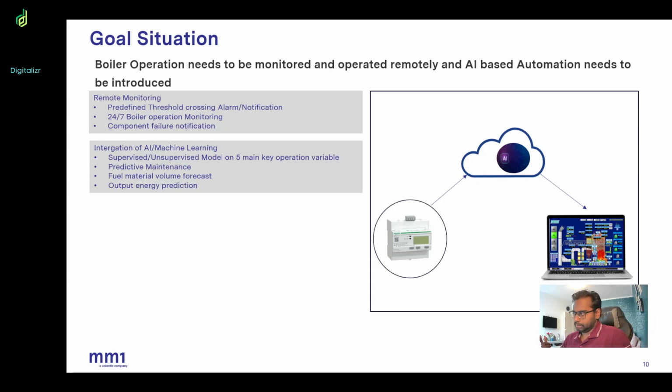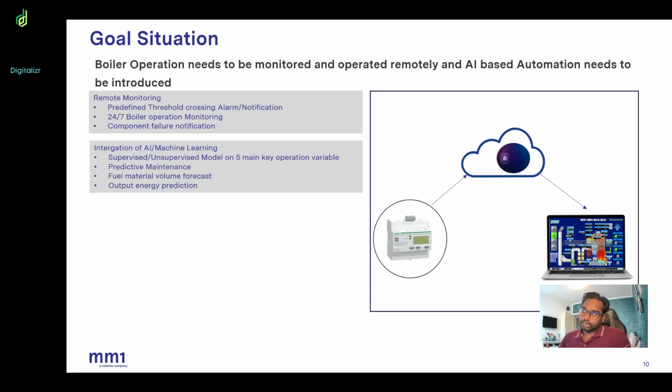Another wish is to be able to do a data analytic study on the historians, or the collected data from the sensor system. It's a typical machine learning operation, but what needs to be predicted is what kind of fuel has been used for the boiler system. There is no direct indication of the fuel type used in this boiler chamber.